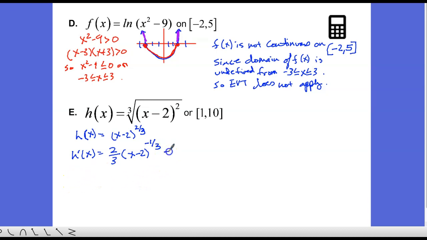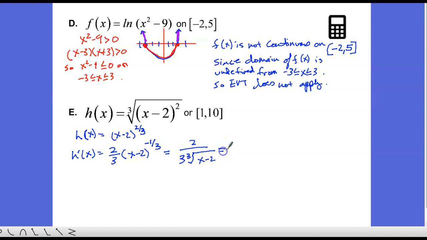So that means this is going to be 2/3 (x minus 2) to the -1/3 power, or I could rewrite it now as a radical again: 2/3 times the cube root of x minus 2 in the denominator.